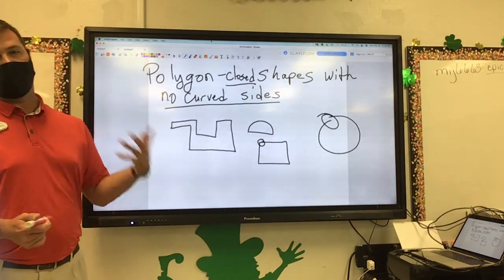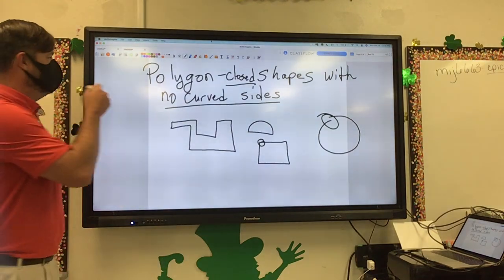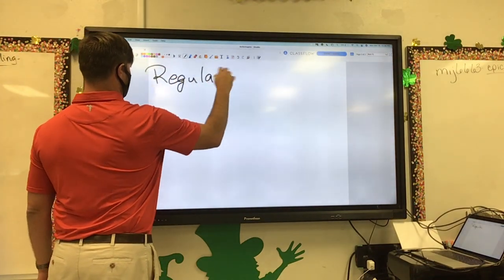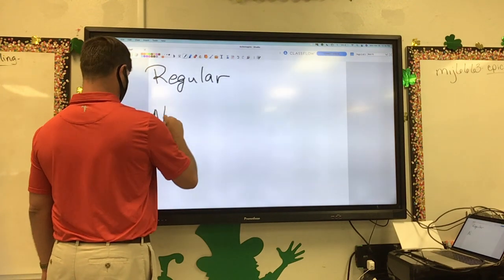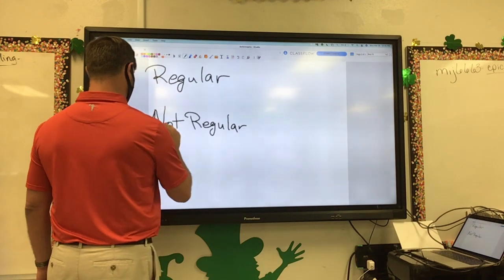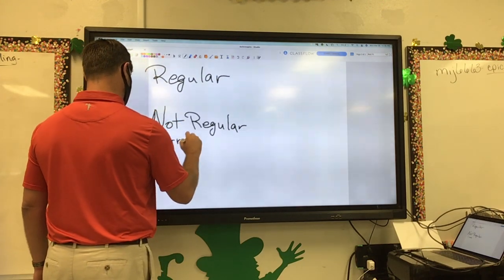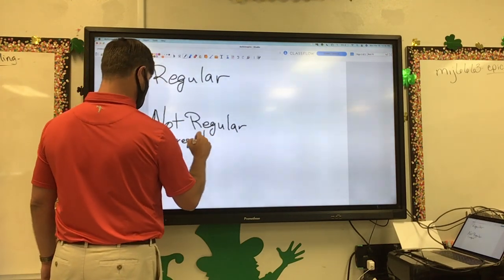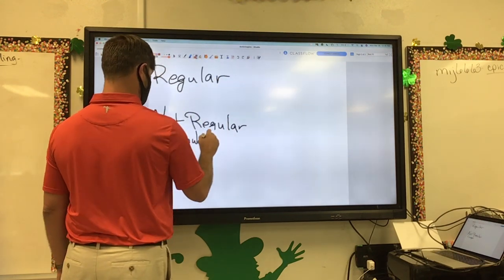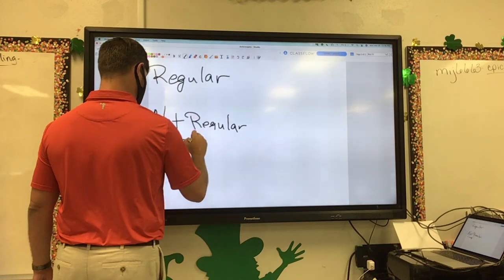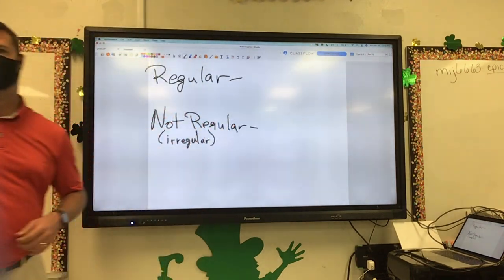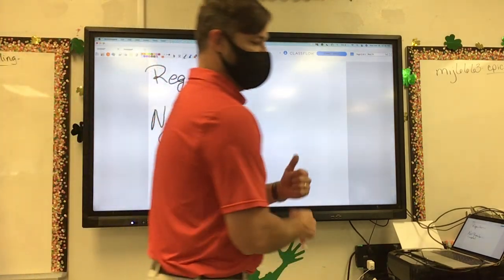So the first name of all these polygons is going to be weird. It's either going to be regular or not regular. Or if you wanted to put irregular, same thing. Irregular. There we go. What is the difference between regular and irregular shapes?